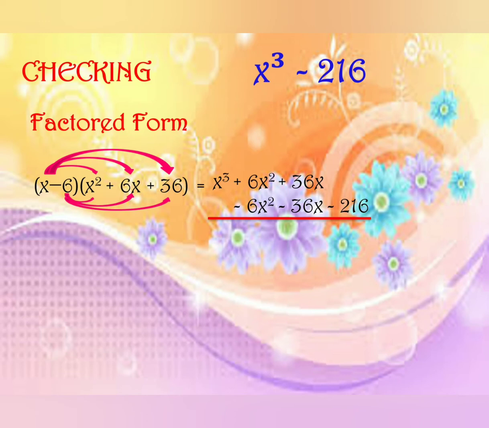Cancel the common terms with different signs, which equals 0, and the remaining answer is x cubed minus 216. So our answer is correct.